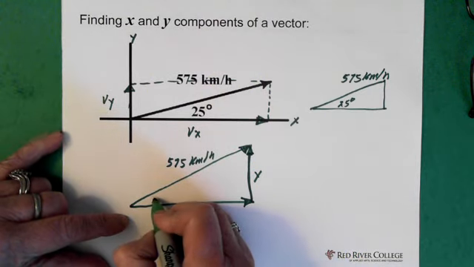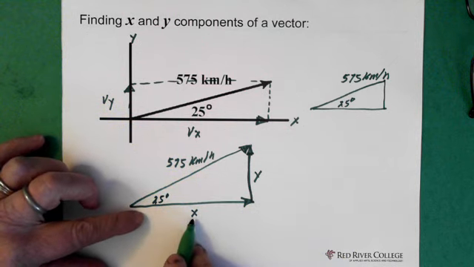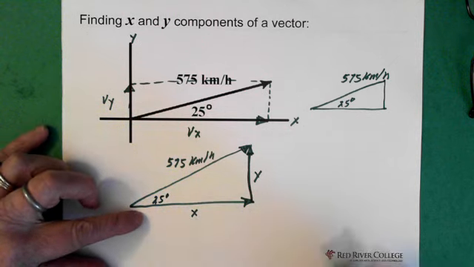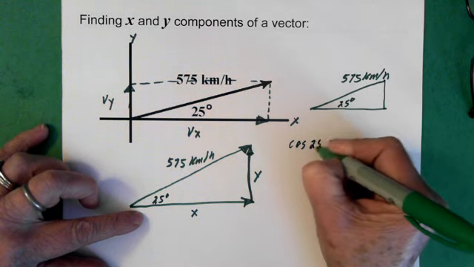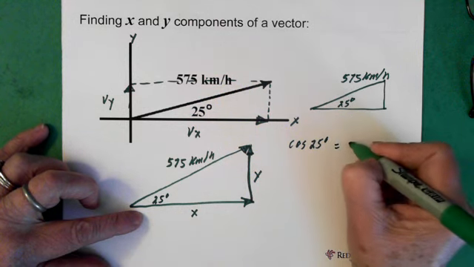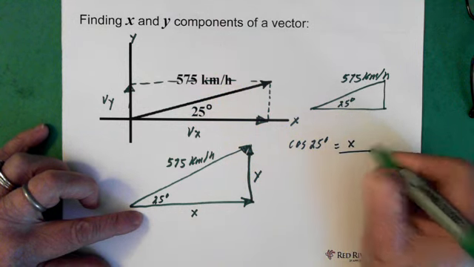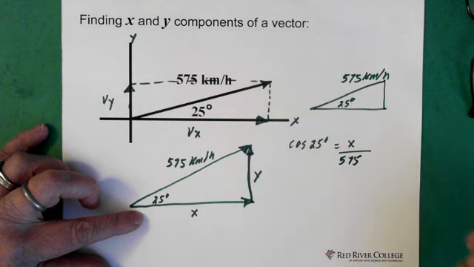Now we know the angle here, 25 degrees. If we want to solve for the x, we would use cos. So the cos of 25 degrees equals our adjacent, which is x, over our hypotenuse, which is the 575.